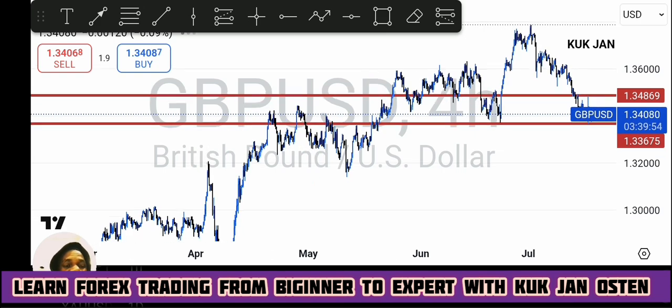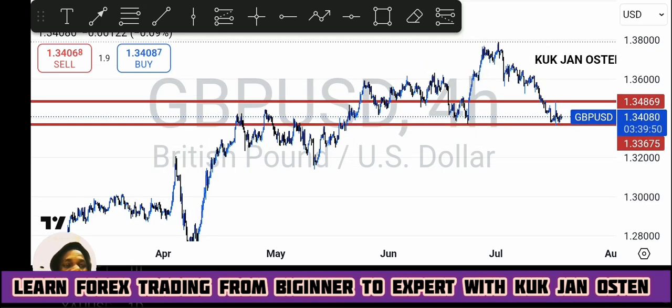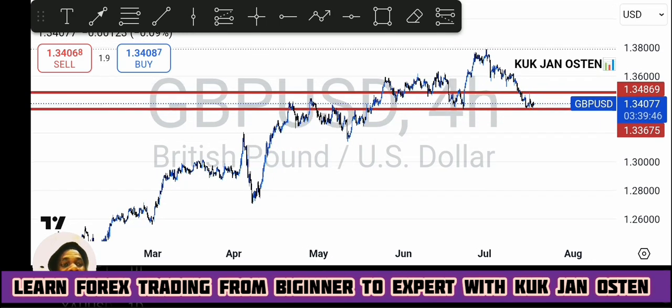This was our trend line, and it was broken and tested. So the 4-hour chart shows that we are looking for sells.